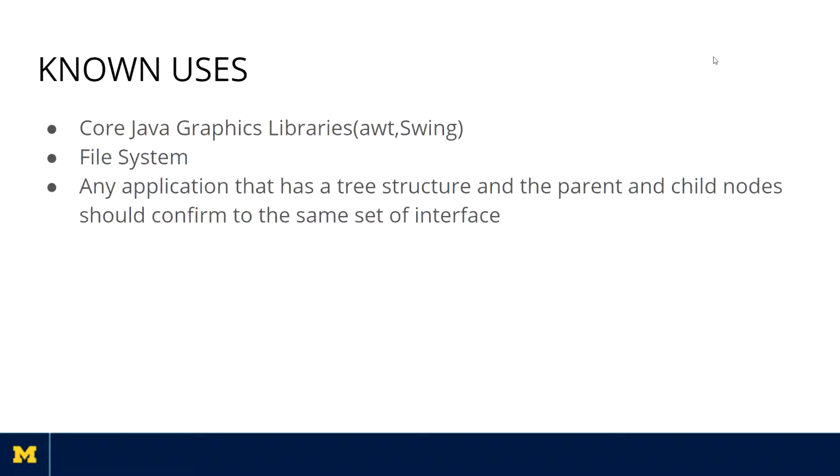Any file system is also an example of the composite design pattern. And lastly, any object that has a tree structure with parent and child nodes, for example the employee organization that I just showed, can be treated as a composite design pattern.